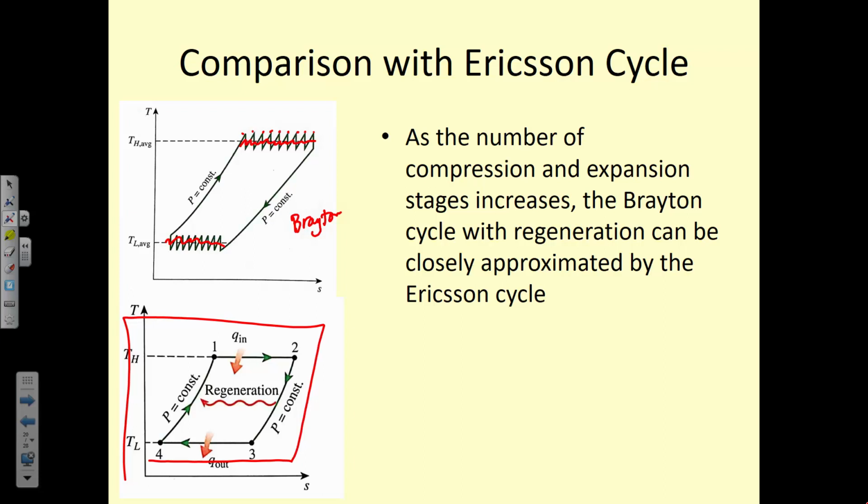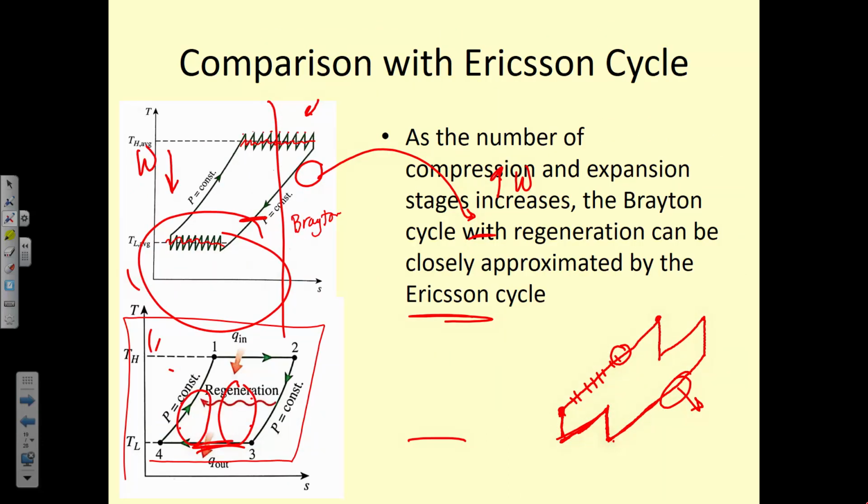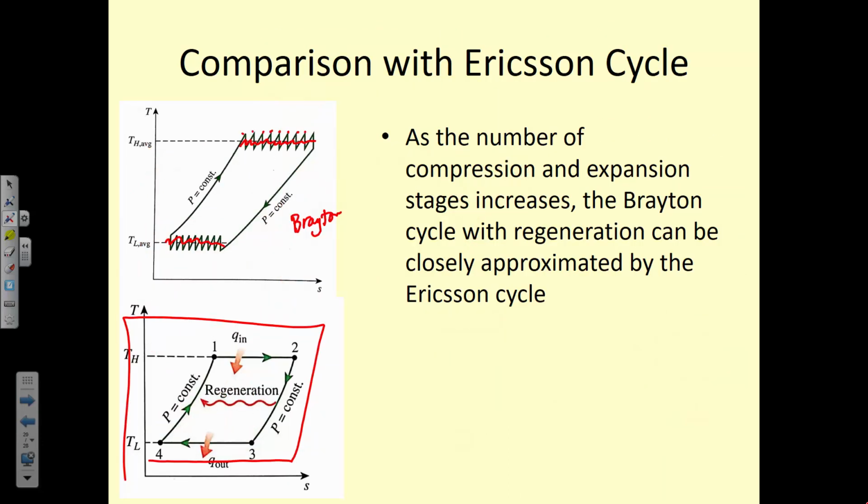As we continue to add those, it can be more closely approximated by the Ericsson cycle, which was a reversible idealized cycle that we can't really implement in practice unless we get really complicated with our Brayton cycle. So it's never going to be a flat line, but we get the same overall trend.